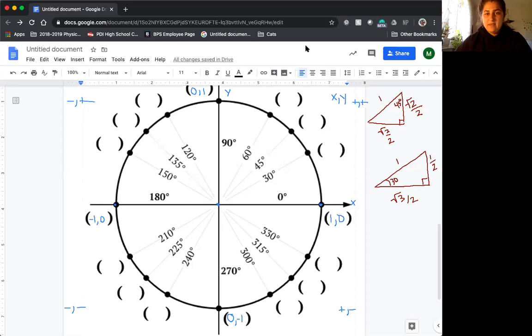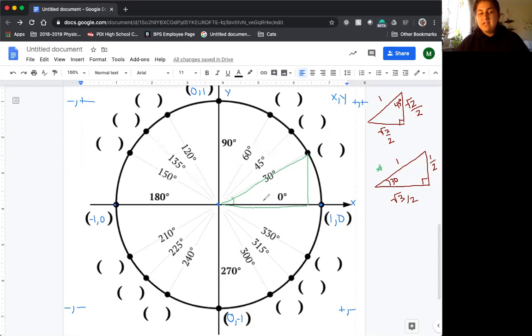Okay. Now I'm going to change the color up and we're going to start to get to the fun stuff. So if this is 30 degrees right here with this triangle, we know how to figure this out. This looks a lot like this triangle right here, okay? So if this is the long side, right, here, we know that that long side has to be root 3 over 2.